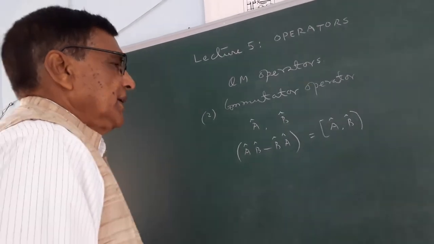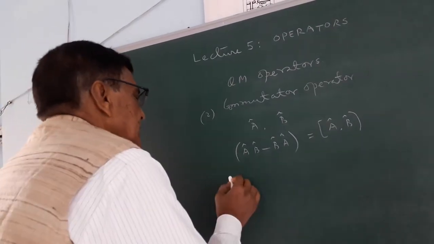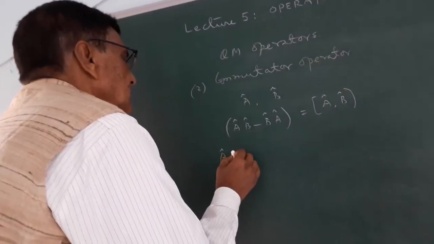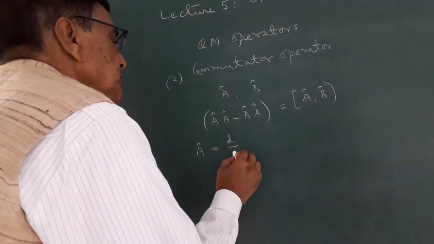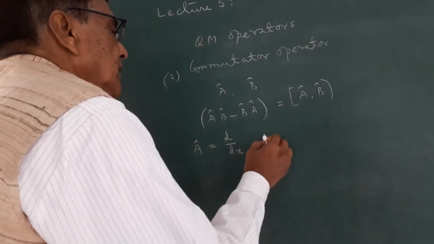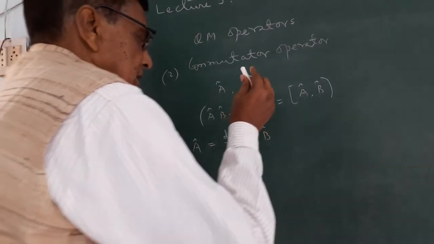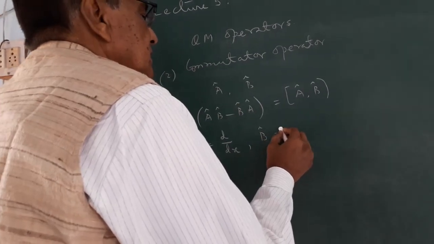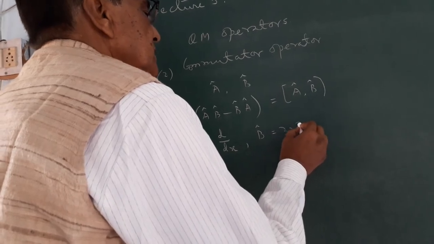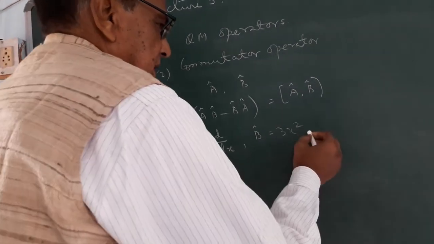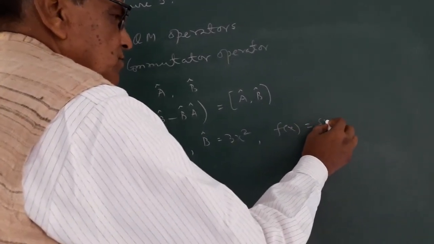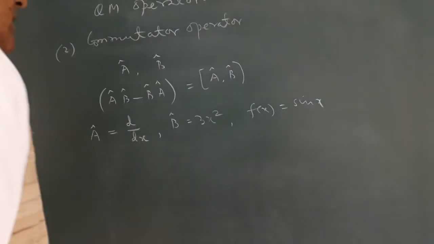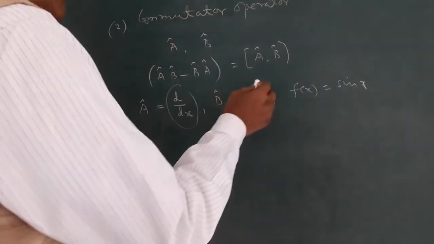One example: A cap equal to d by dx and B cap is 3x square. This is also taken as an operator, and f(x) is equal to sin x. Then these are the two operators.